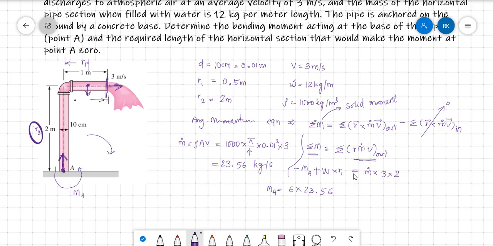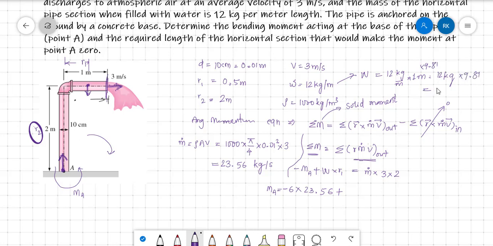So this is MA, so this will be minus plus W. What is W? This is 1 meter length, so W of the horizontal one is equal to 12 kg per meter into how much length it is? 1 meter length, so 12 kg into 9.81 gives us the weight.